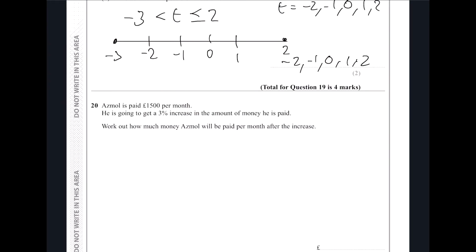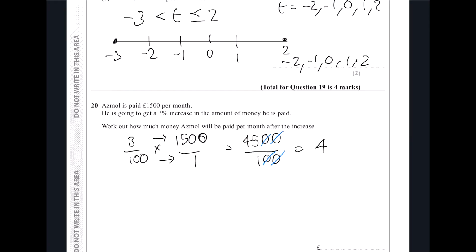Okay, so Asmal is paid $1,500 per month. He is going to get a 3% increase. Work out how much money Asmal will be paid after the increase. So what we can do is find 3%, which is 3 over 100 of 1,500. And by finding that, we get 15 times 3 is 45. 500 over 100, cancel the zeros. So we get 45 over 1, which is 45.